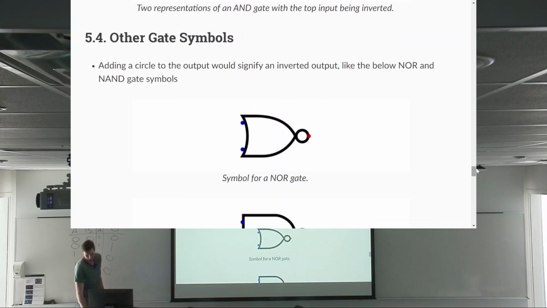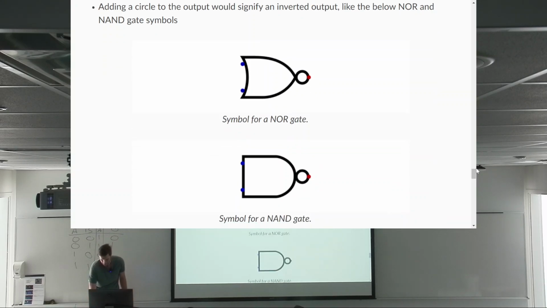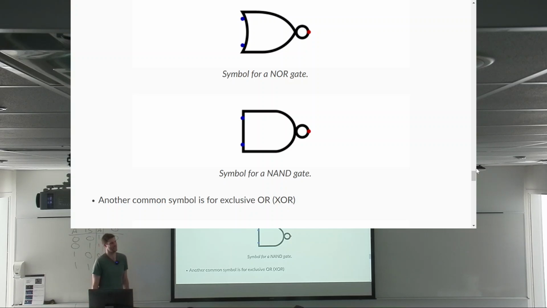Other gate symbols. Well, here's NOR. If you're confused, it's just an OR gate with a circle in front. The circle means invert the output. What's NOR? NOR is NOT OR. Shockingly, here's NOT AND, or NAND. Why?